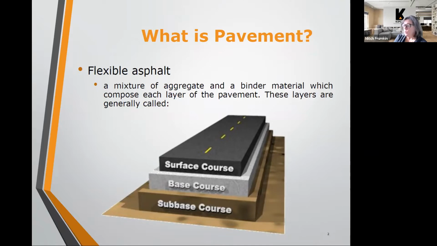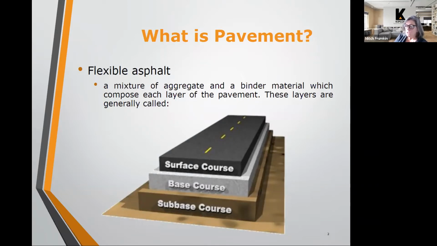Above the subbase course is the base course, which is the first bituminous course that gets put down. It's typically around 4 inches thick, and it has a larger stone in it than the surface course. So it's meant to be a structural layer in the pavement, as is the subbase.